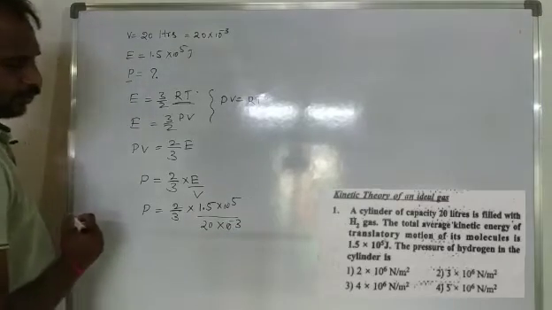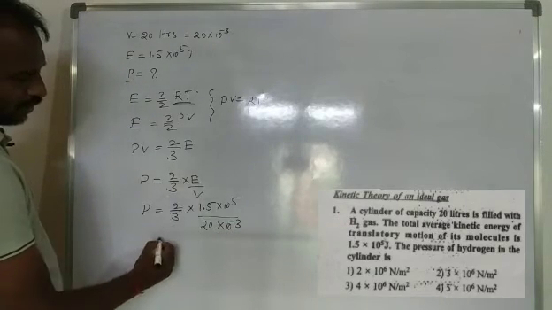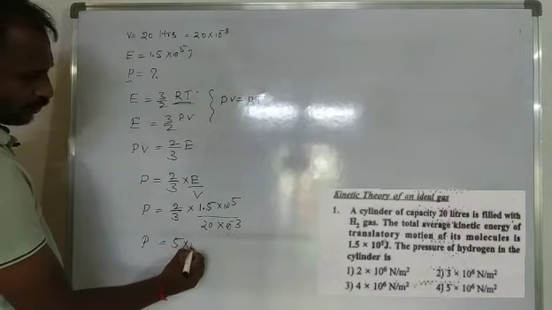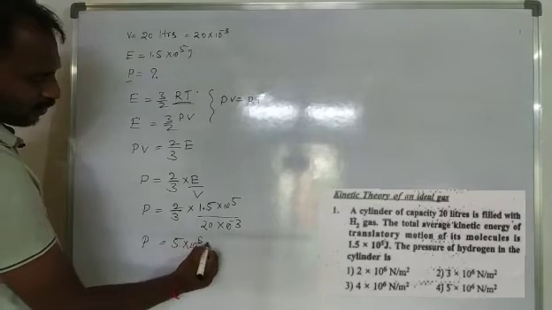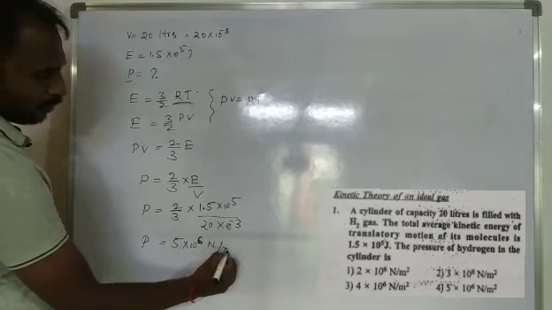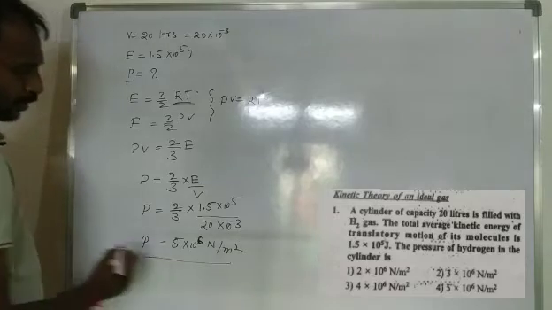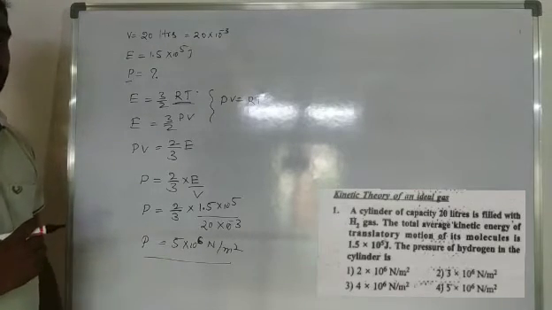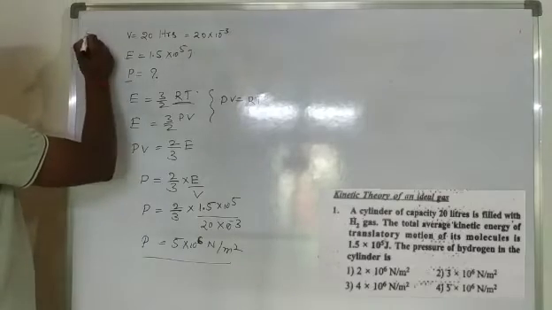After simplification, we finally get the pressure equal to 5 into 10 power 6 Newton per meter square. So this is the pressure. Simple solution.